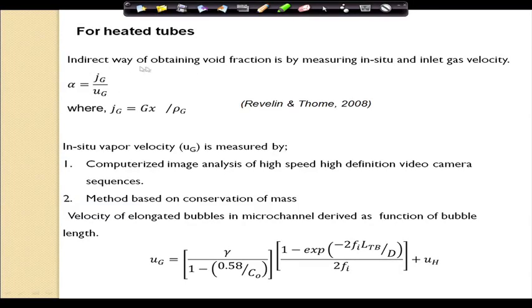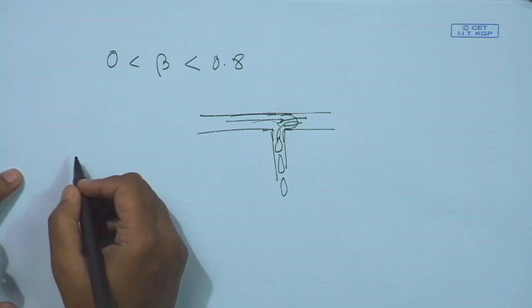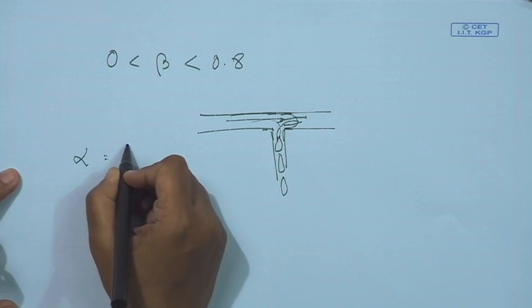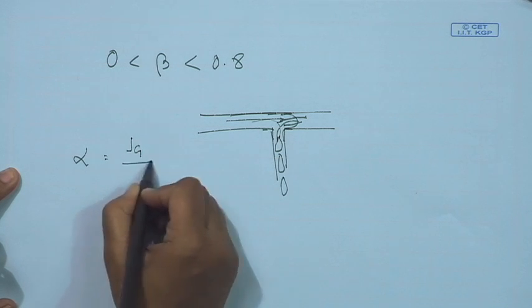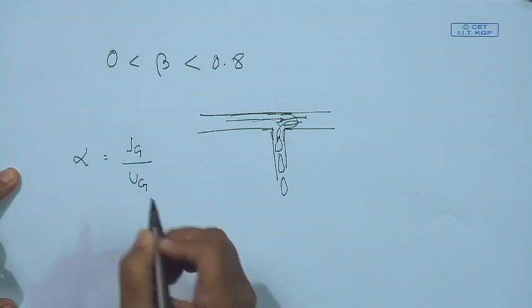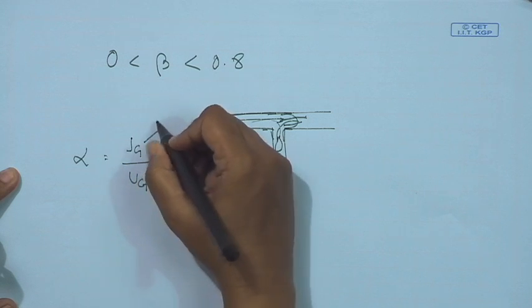Now, for heated tubes, how do we usually measure the void fraction? It is almost the same way we measure the flow patterns. Photography is definitely one technique. For void fraction, there is also an indirect way of measuring it. If you remember how we defined void fraction, it is equal to the inlet gas velocity, denoted as the volumetric flux JG, divided by the in situ gas velocity UG.